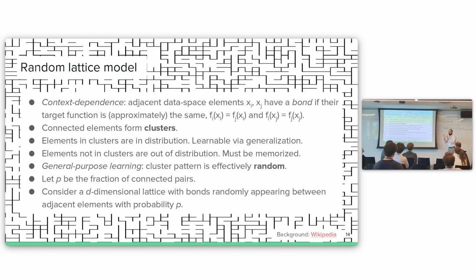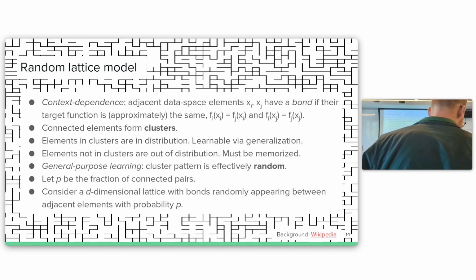It's not that the target value is necessarily the same at those 2 points, but that the function is the same. So we have a chain of functional equivalents. In general, if you have many elements that are all connected, this forms a cluster, where all of those points in the cluster are computing the same function.